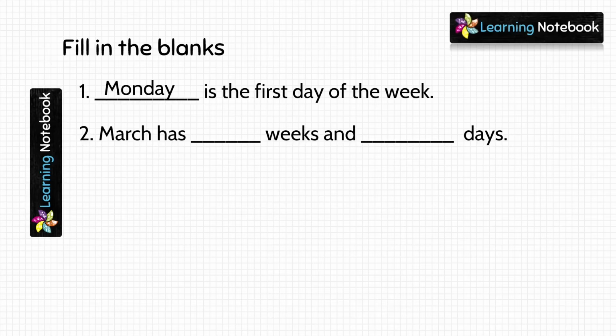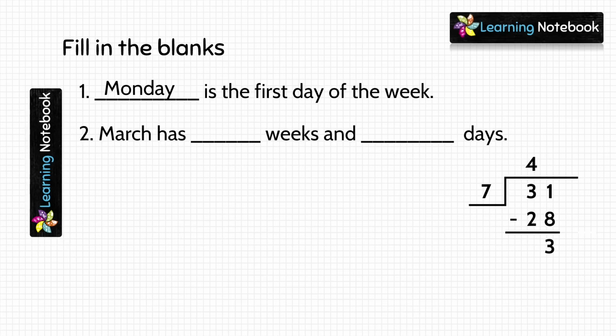So let's divide 31 by 7. Why 7? Because a week has 7 days. So 7 into 4 equals 28 and 31 minus 28 equals 3. So this means March has 4 weeks and 3 days.